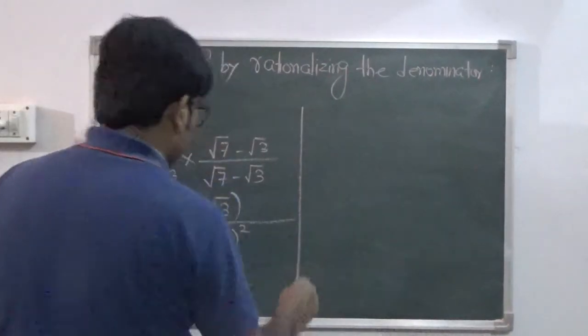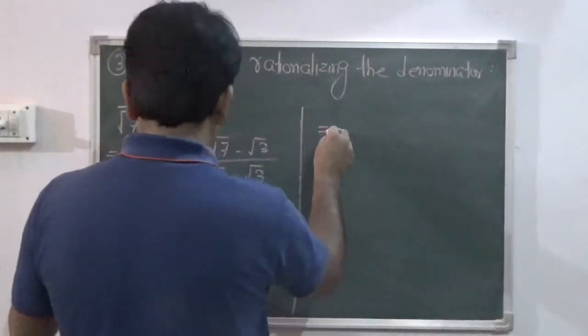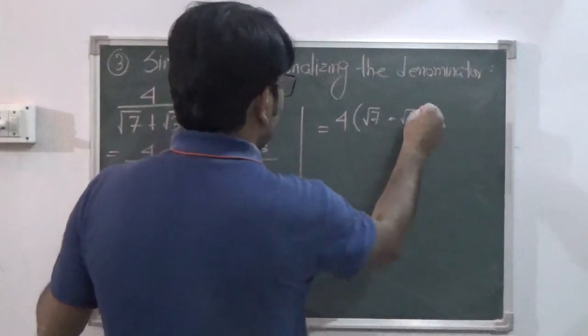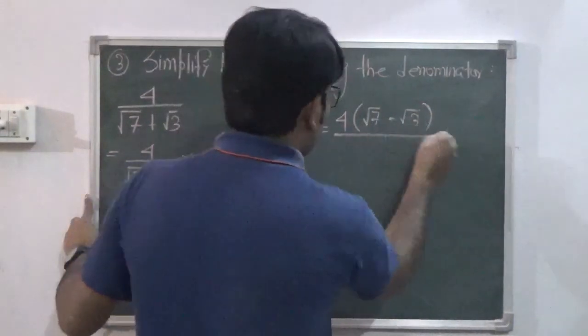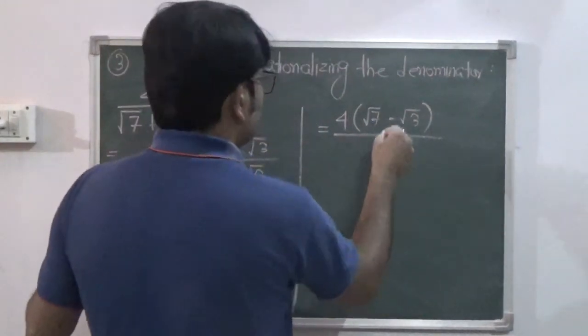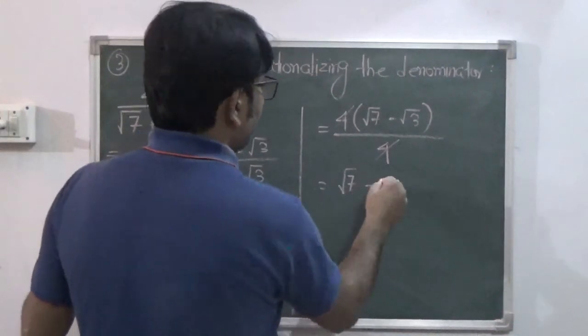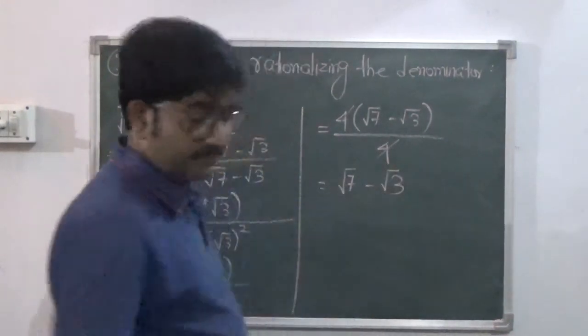So finally what we get here is 4 into root 7 minus root 3 divided by 4. So 4 and 4 cancel, and I am left with root 7 minus root 3.